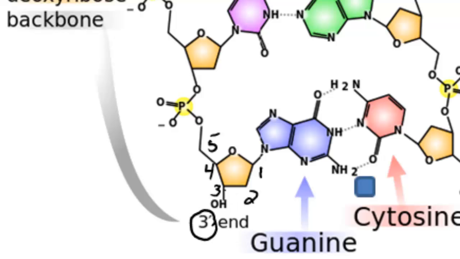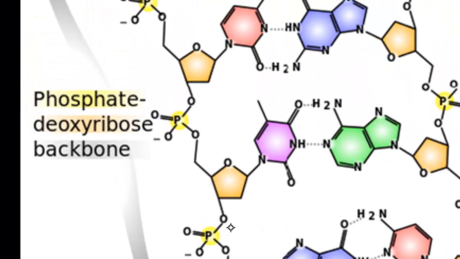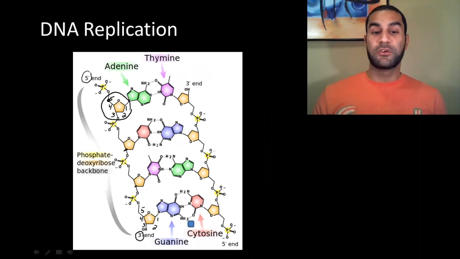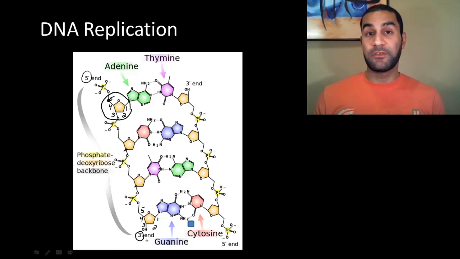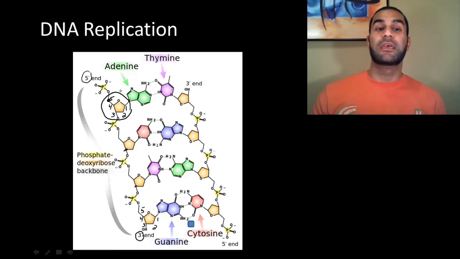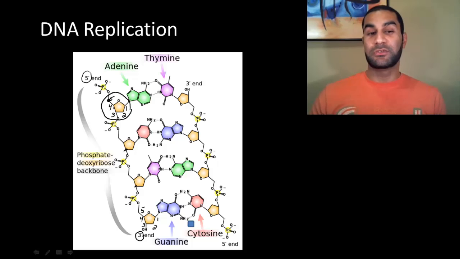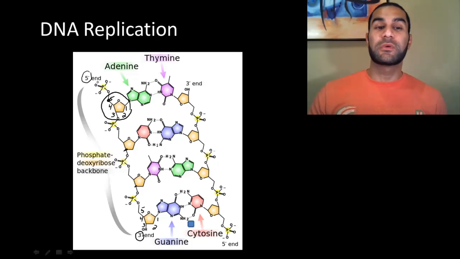If another nucleotide came in and bonded here, it would bond to that third carbon, just like you see here. Each of these phosphates bonds to carbon 3. So if you see a sugar at the end of the line, that's the 3' end because it's that third carbon that would be ready to accept another phosphate and bring in another nucleotide. If you see a phosphate at the end, that's the 5' end because it's already accepted and bonded to the sugar below it. That's part of its own nucleotide. So this is what we consider the 5' end.